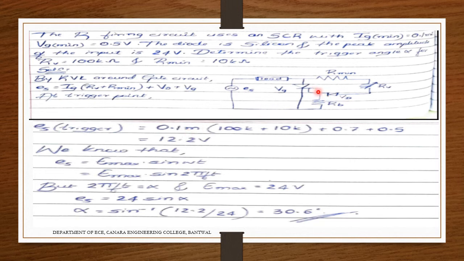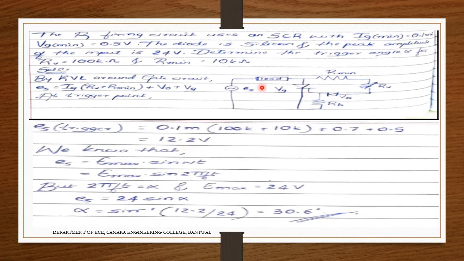So ES trigger is Ig, 0.1 milli, into 100k, that is Rv equals 100k, plus R minimum is 10k, plus, as they have mentioned a silicon diode, the maximum voltage drop is 0.7, plus 0.5 of Vg, the gate voltage required. When I calculate, I will get around 12.2 volts.